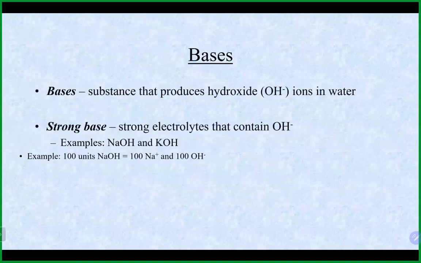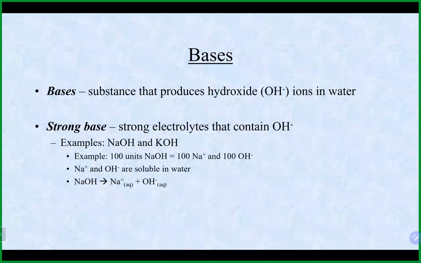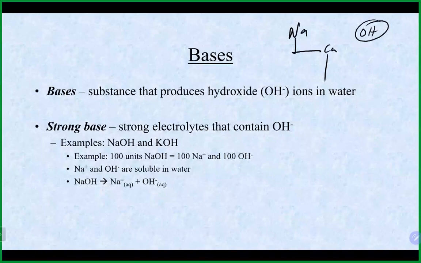Bases, on the other hand, produce hydroxide. And a lot of our strong bases have hydroxide in the formula. If you go to the periodic table, group 1, around sodium, come down to potassium, hang a right to calcium, come down. Any of those that have hydroxide in their formula are typically where your strong bases come from.